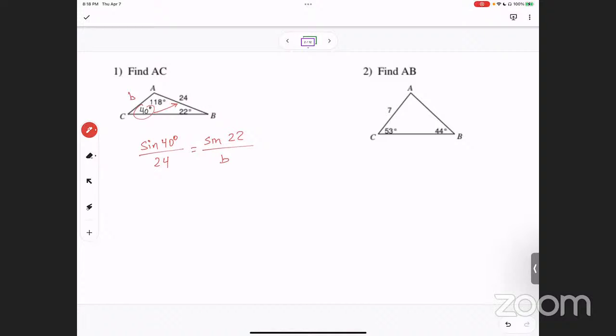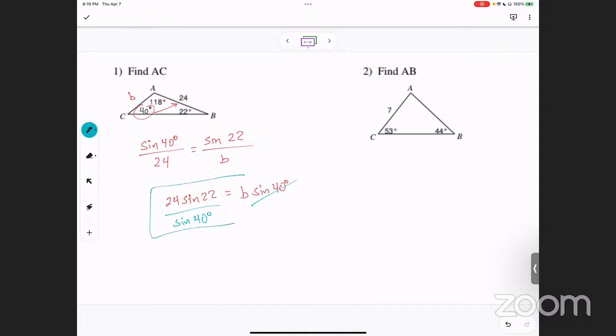You get that, right? So that means I'm going to cross multiply. So that means that 24 times the sine of 22 equals b times the sine of 40. And this is just a number, right? So I'm going to divide by that. Y'all get how I did that?